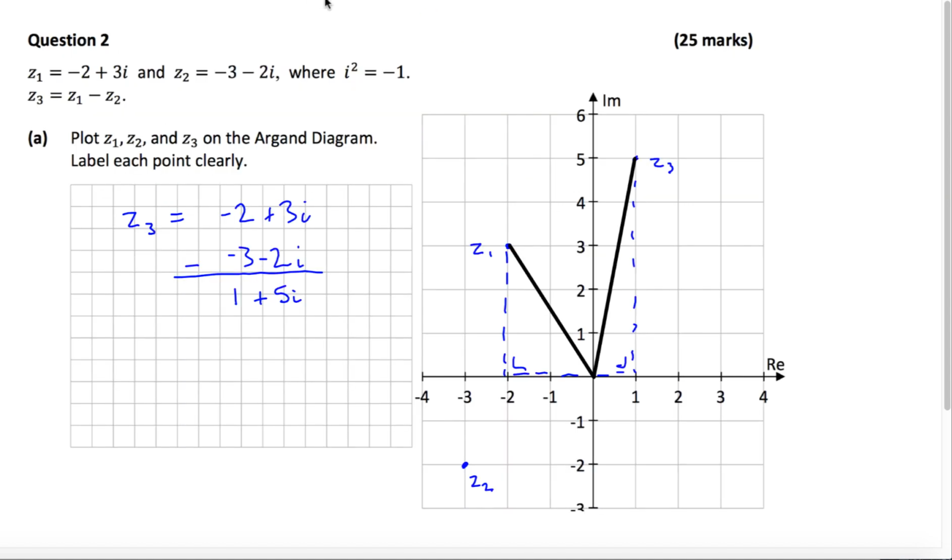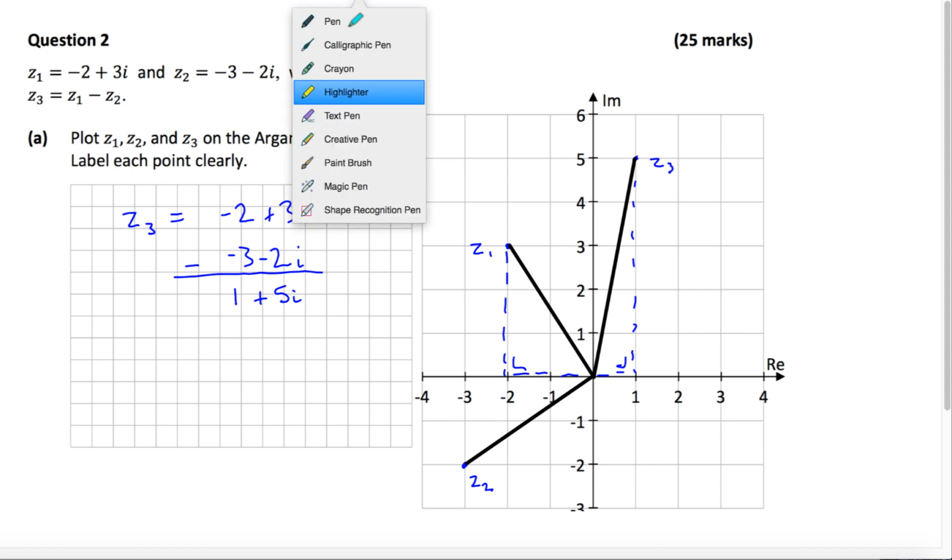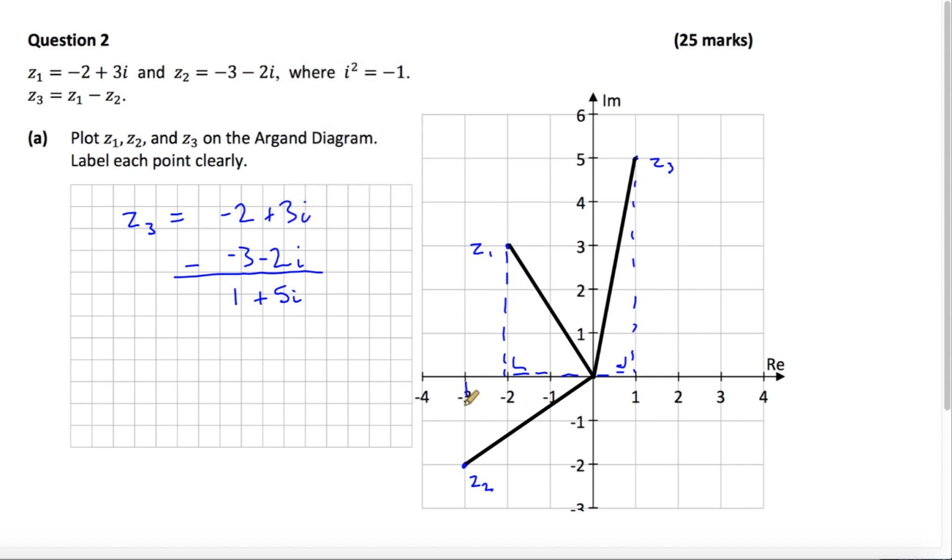Okay, finally, we're going to look for the modulus of Z2. So that's from here back to the origin. So the triangle we want to look at here is this triangle. Now you could look at it this way as well, but we'll keep going back to the real axis. So this triangle here, it's right angled. It's got a rise of 2 and a run of 3.